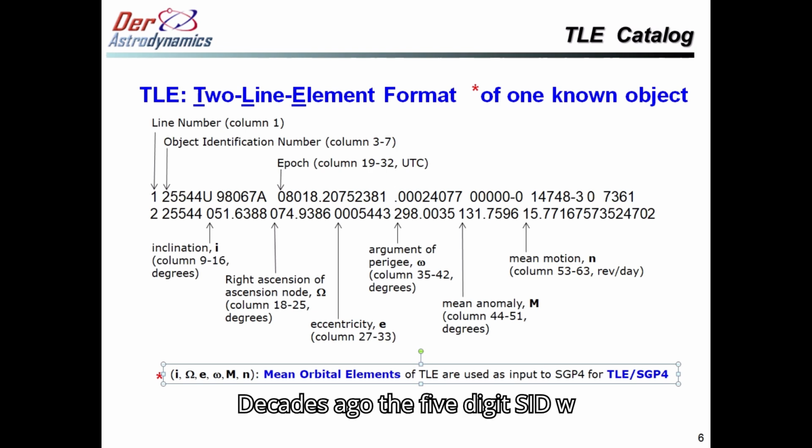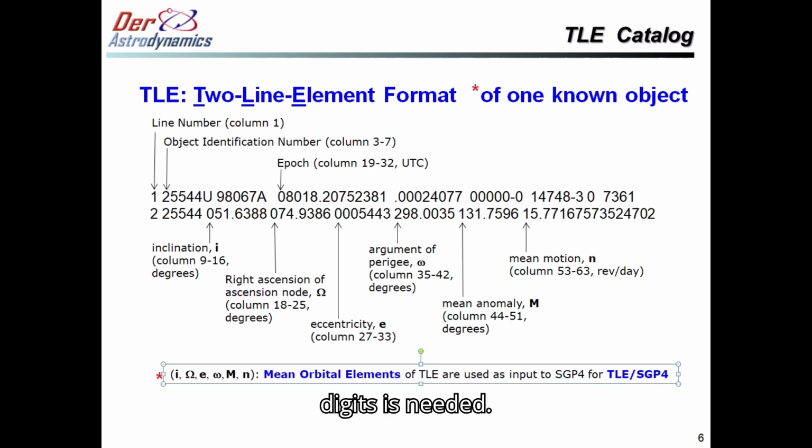Decades ago, the 5-digit SID was sufficient. Today, in year 2024, the proposed 42,000 Starlink satellites will use up almost half of the SID available numbers, and therefore a new SID with more digits is needed.